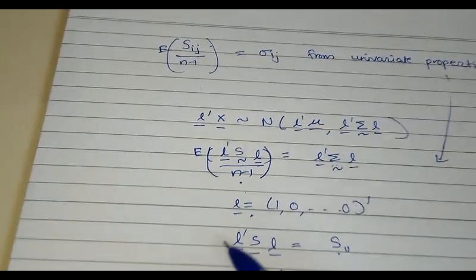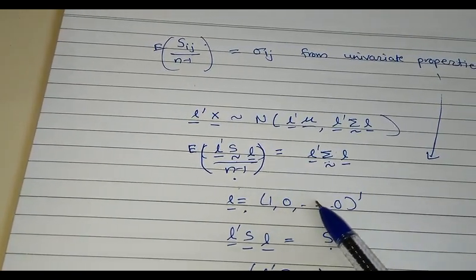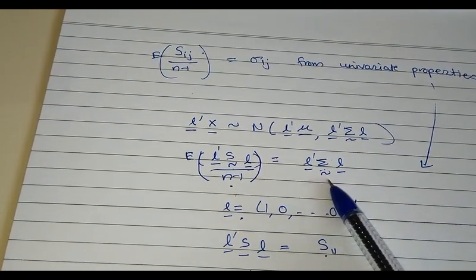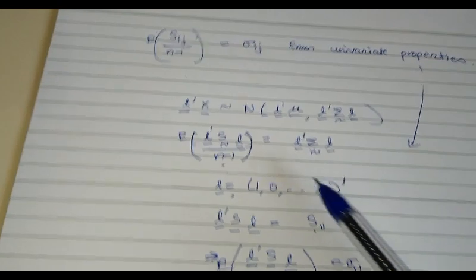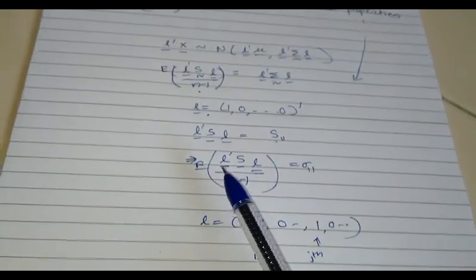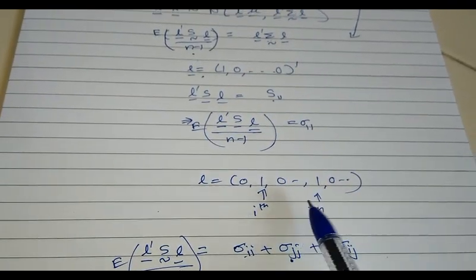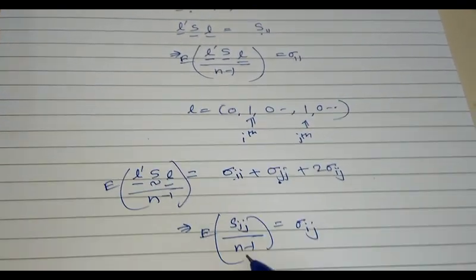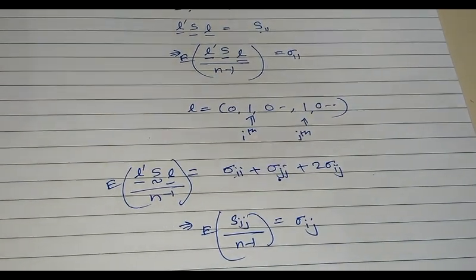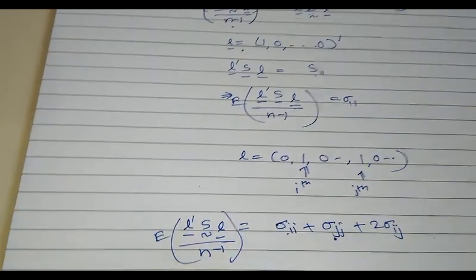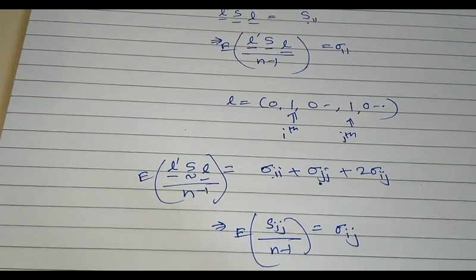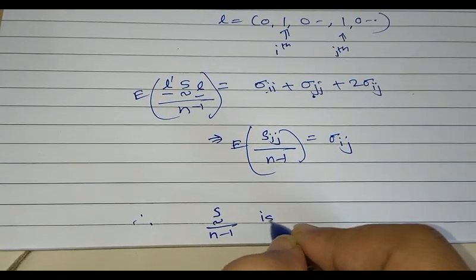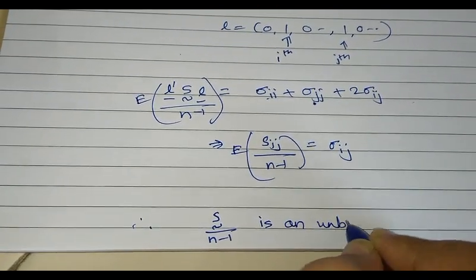By substituting different L's, taking L with 1 in the ith position or in the jth position, I can get unbiased estimates for sigma II and sigma JJ, and then taking L as having 1 in the ith as well as the jth position, I can prove that Sij upon n minus 1 is an unbiased estimate for sigma ij. Therefore, the S matrix, the CSSP matrix, divided by n minus 1 is an unbiased estimate for sigma.